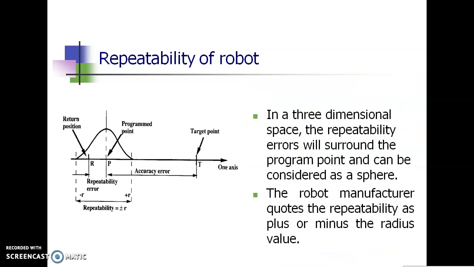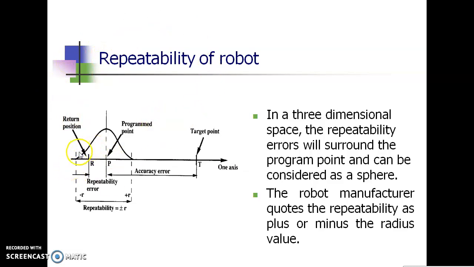If you are considering a 3-dimensional space, note that so far I am talking about only one axis. In 3-dimensional space, the repeatability errors will surround the programmed point, and it looks like a sphere. The radius of the sphere is what is considered as the repeatability of the robot.